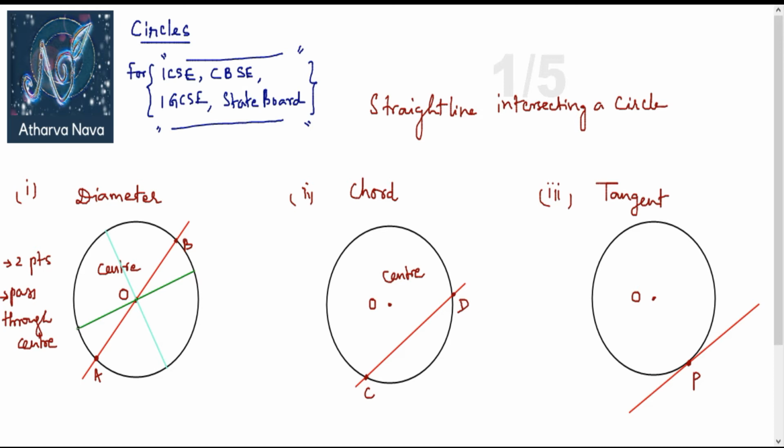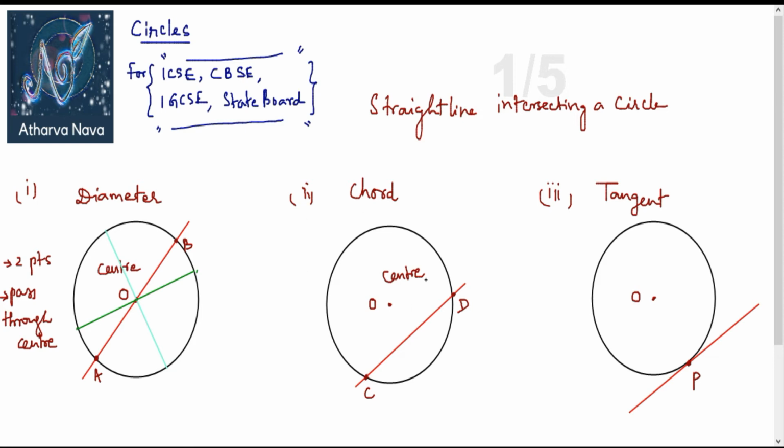It is touching the circle at 2 points and it is passing through the center. So any of these lines which are passing through 2 points on the circle and through the center will be called a diameter. Now all the three colored lines are diameters only, and most importantly, all the diameters will be the same in length because it's a circle.